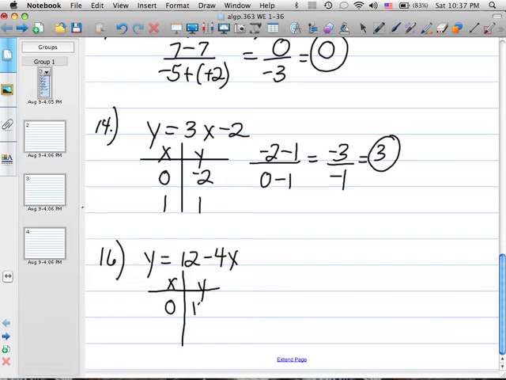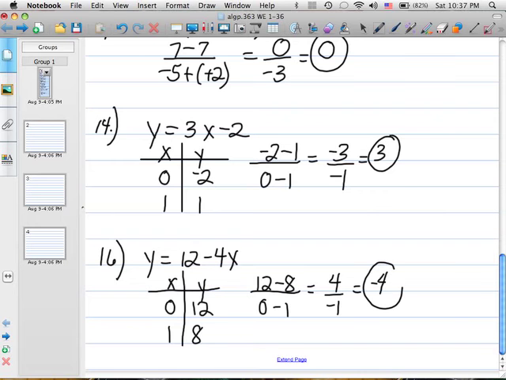I would get y would be 12. If x was 1, 12 minus 4 would be 8. So now I can do my slope, the change in y, 12 minus 8, over the change in x, 0 minus 1. So that would be 4 over -1, and my slope is -4. Down 4, right 1.